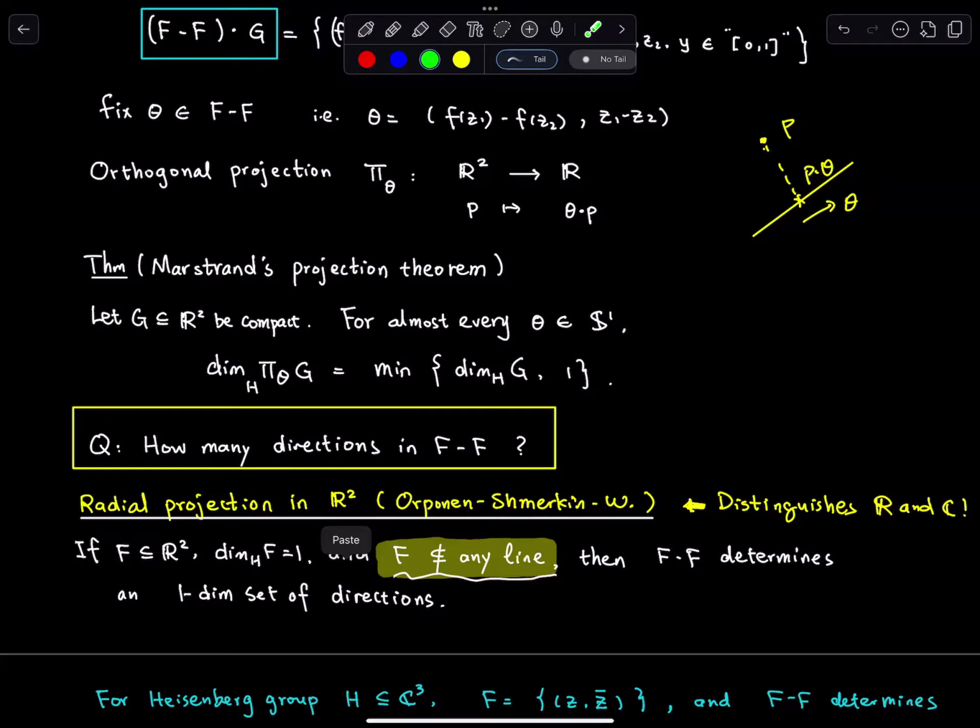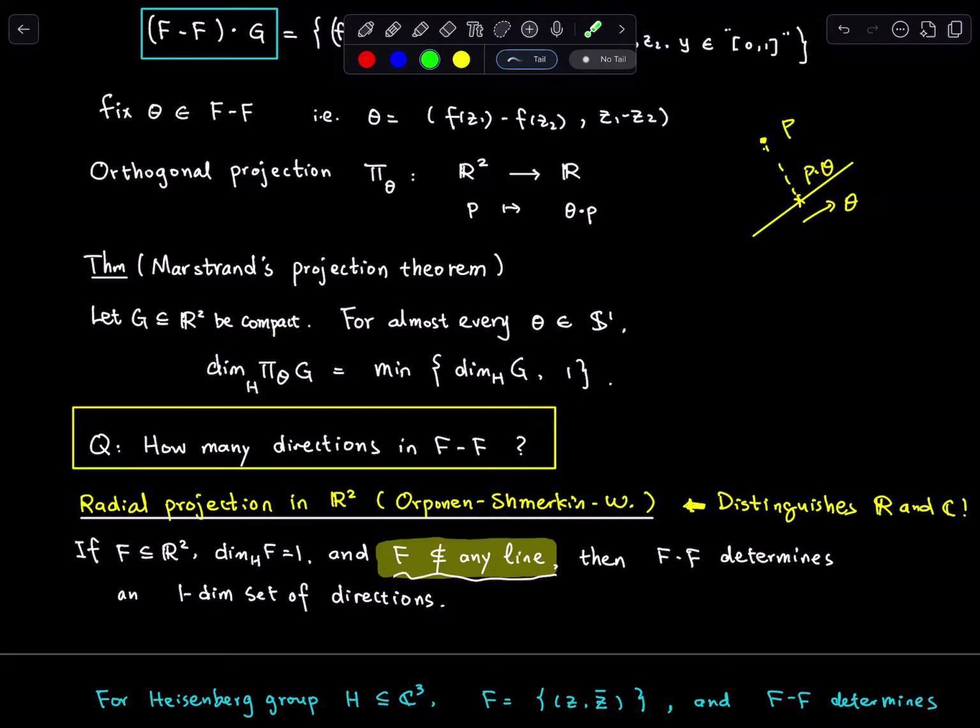This is the optimal bound, because when we project a compact set to some lower dimensional space, we cannot possibly increase its dimension. And also 1 is the dimension of R, so we cannot have a dimension greater than the dimension of the ambient space.